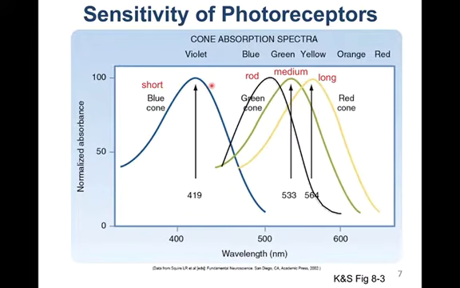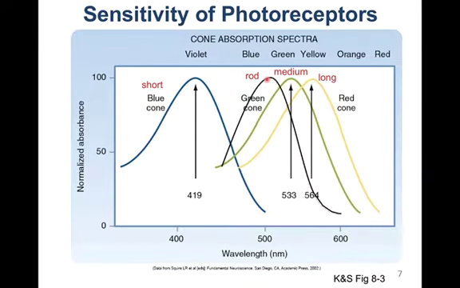All right, so rods versus cones. This is a figure from your textbook, and I've added in the wavelength sensitivity or absorbance spectra of the rods with a peak sensitivity at about 500. So rhodopsin is maximally activated by 500 nanometer wavelengths.